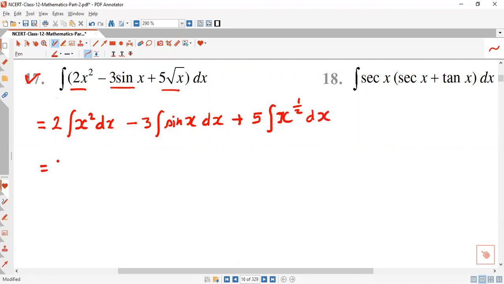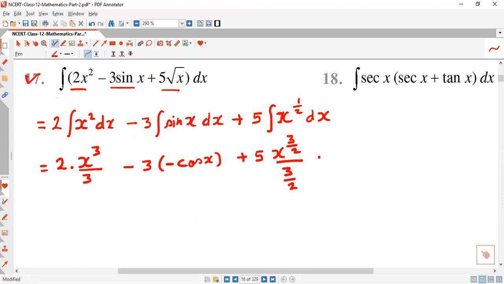So now taking the integrations, 2 into x square: 2 plus 1 comes out 3, so x raised to 3 upon 3, minus 3. The integration of sin x will be minus cos x, plus 5 times x raised to half, means x raised to 3 by 2 divided by 3 by 2, plus some constant c.